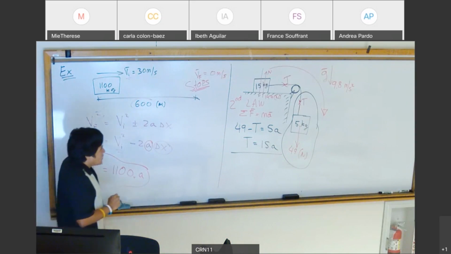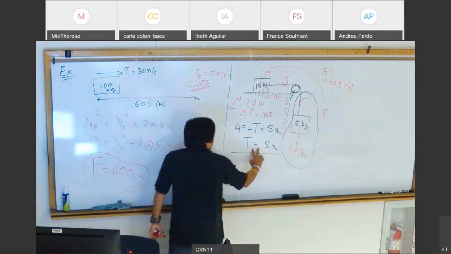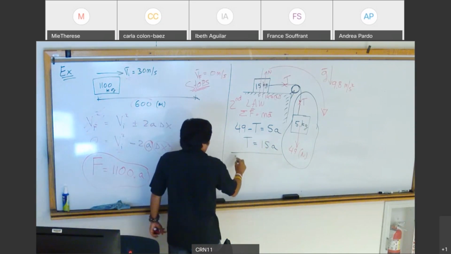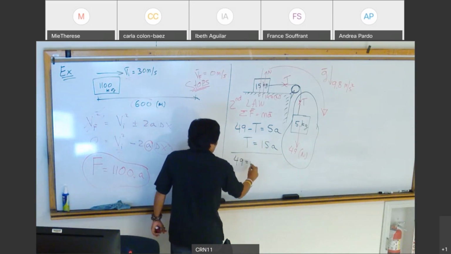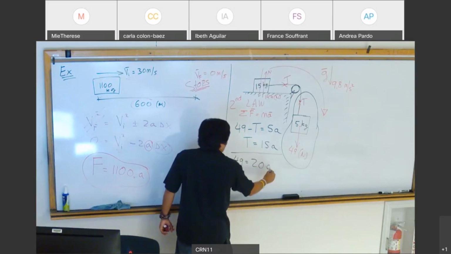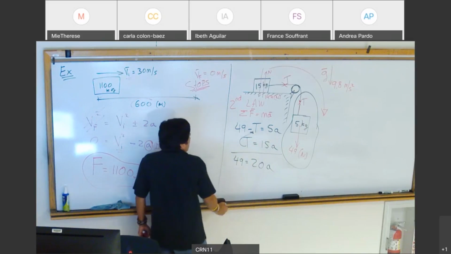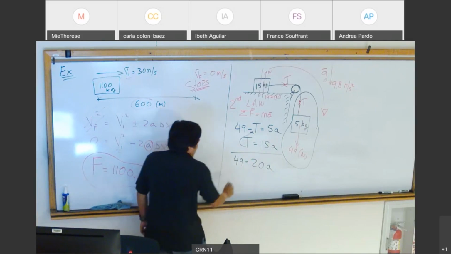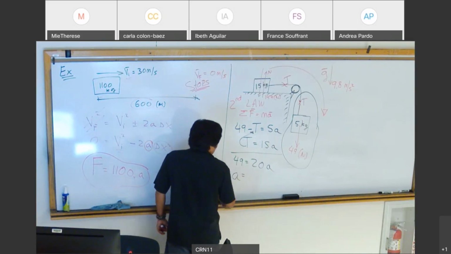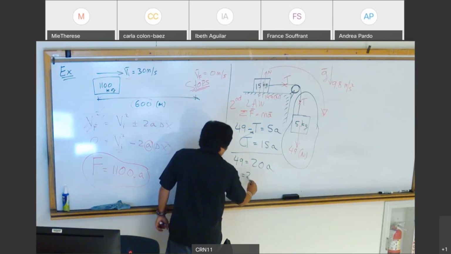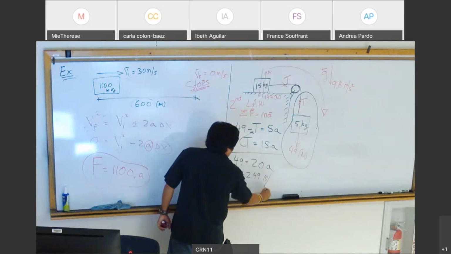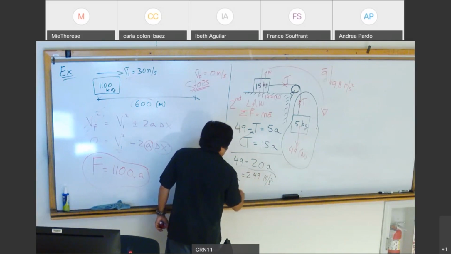If you substitute T here, you will get 49 equals 20 times acceleration. By solving the equation, you get that the acceleration should be around 2.49 meters per second squared. So around 2.5 meters per second squared.